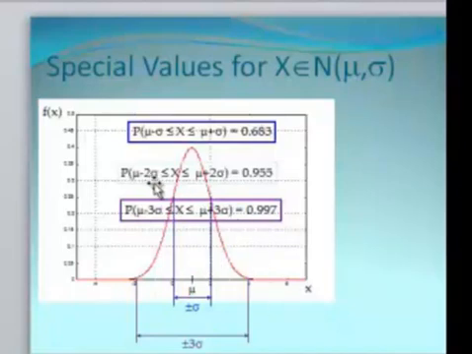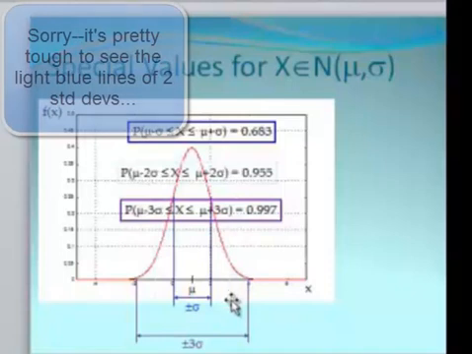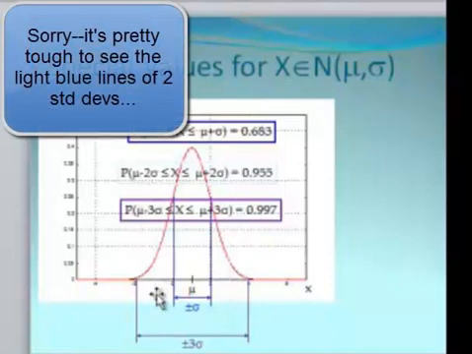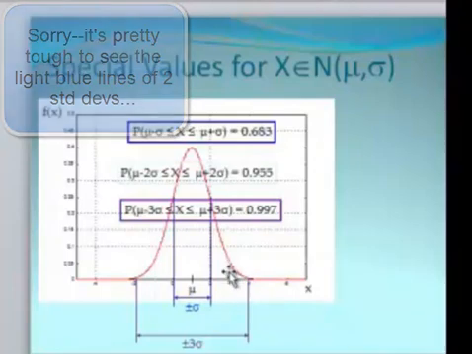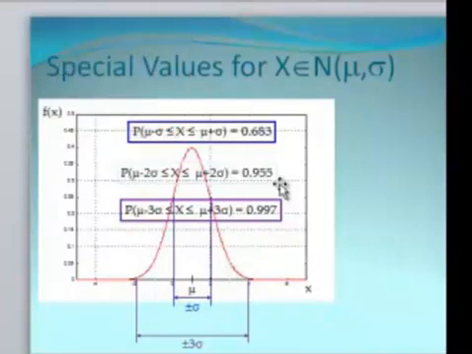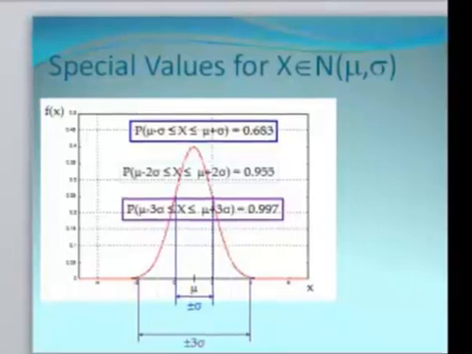And if we're 2 standard deviations, that's this light blue line right there, that gets you 0.955, so 95% essentially. And 3 standard deviations is 0.9967. So these are special values that we often refer to.